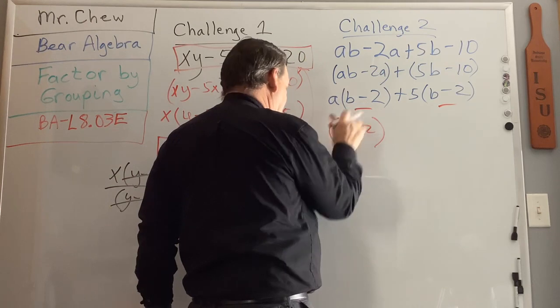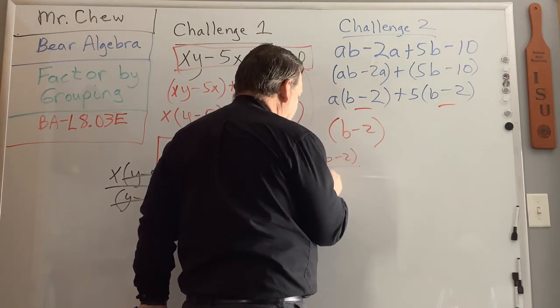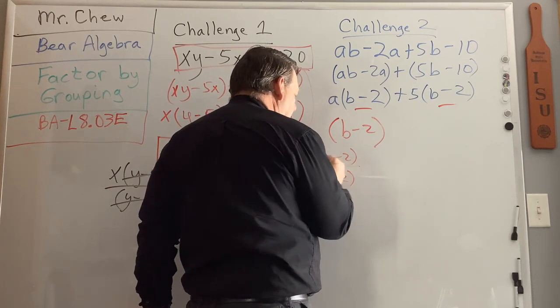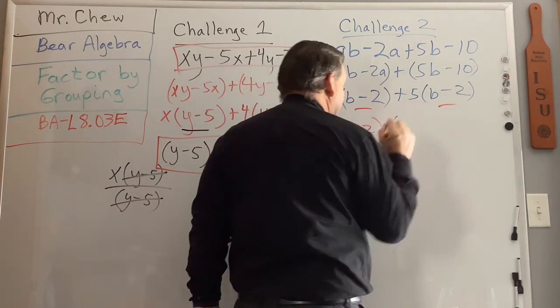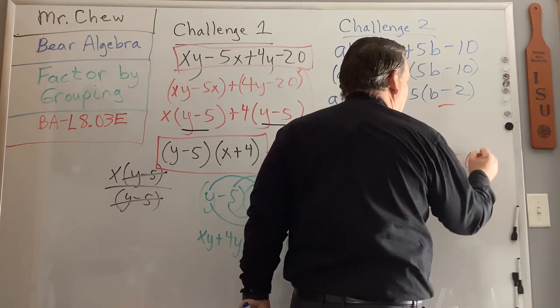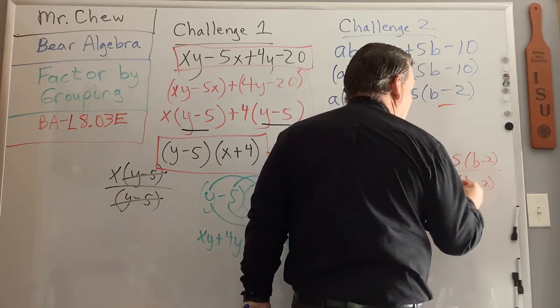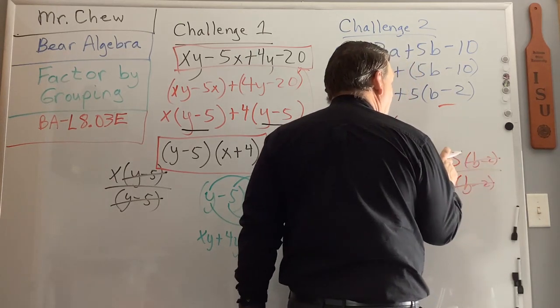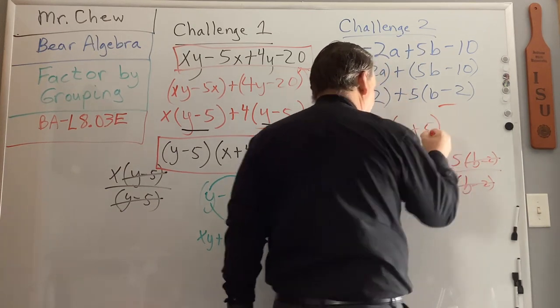And if I take this and divide it by b minus 2, look what happens. b minus 2 over b minus 2 is 1, and 1 times a is a. And then over here, I take my 5 times b minus 2, divide it by b minus 2. b minus 2 over b minus 2 is 1, and I've got a 5 here, plus sign, plus 5.